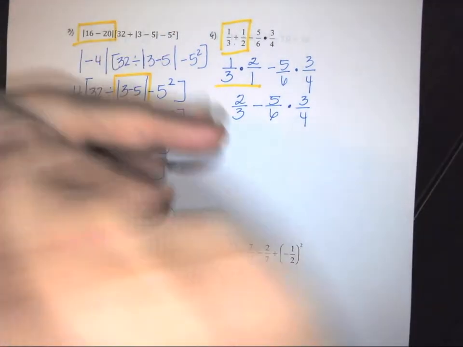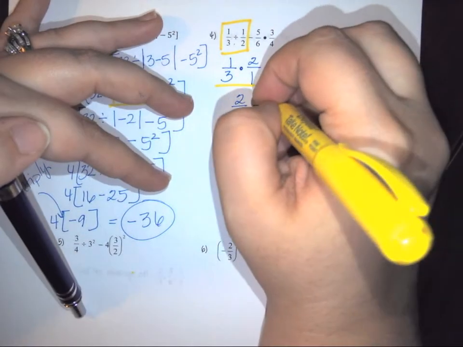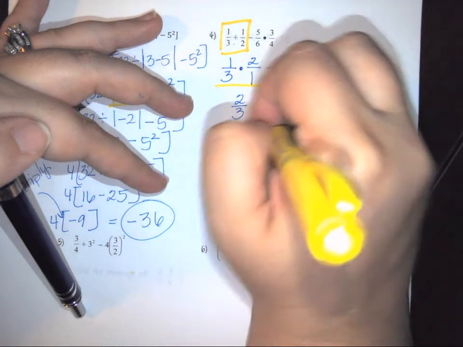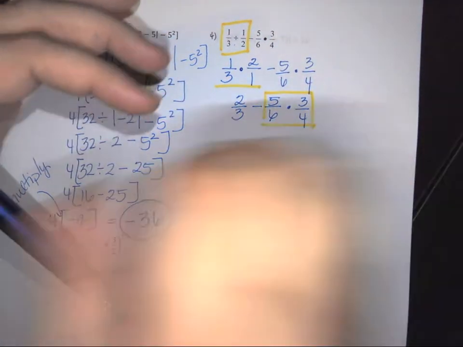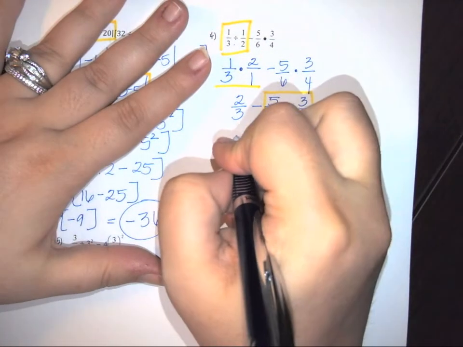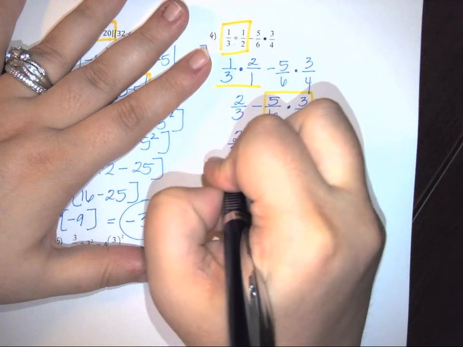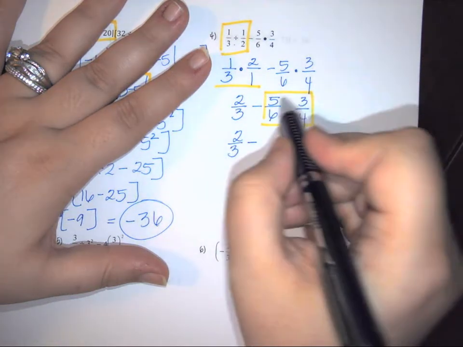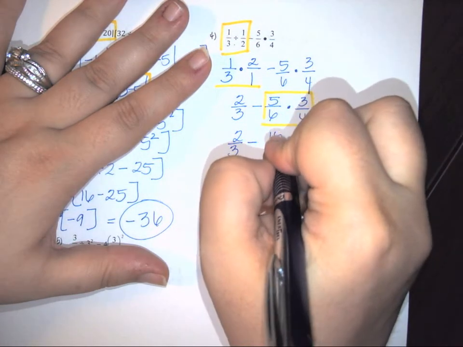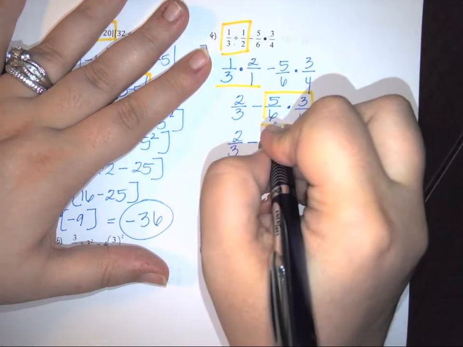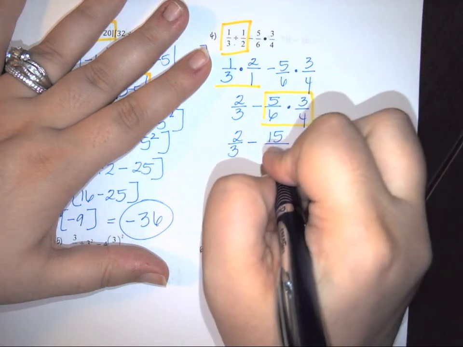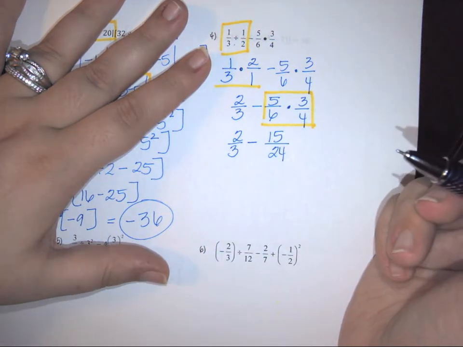Again, I need to combine, and if I look, the next place I'm going to look is right here, where I have another multiplication. So this is going to be 2/3 minus 5 times 3 is 15. 6 times 4 is 24.